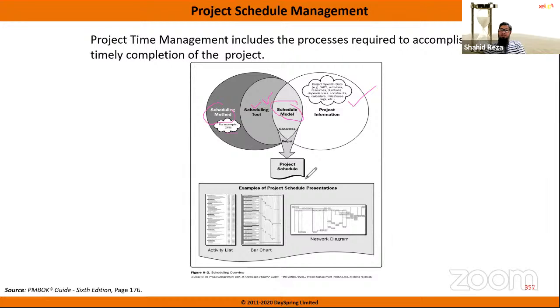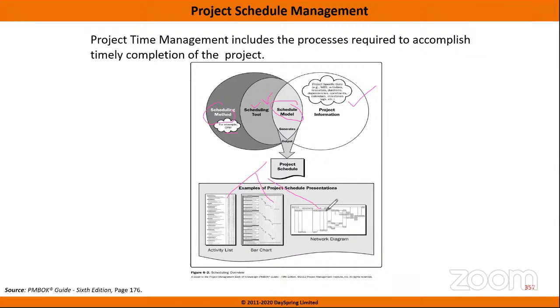And that schedule model you can present in different ways. These are the outputs. Here 3 outputs are shown, but if you use Microsoft Project, most probably you will get 20 or more types of presentation of your project schedule.